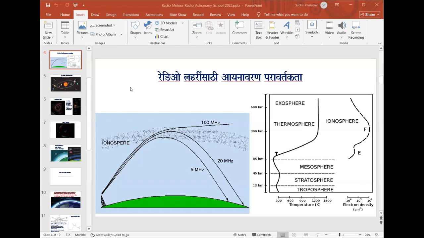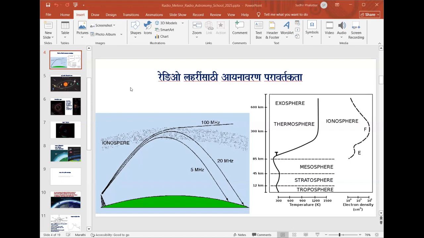So actually, I have explained that to observe radio meteors in radio waves, low frequency is required from any transmitter. In European countries, they develop their own transmitters for radio meteor science and technology.